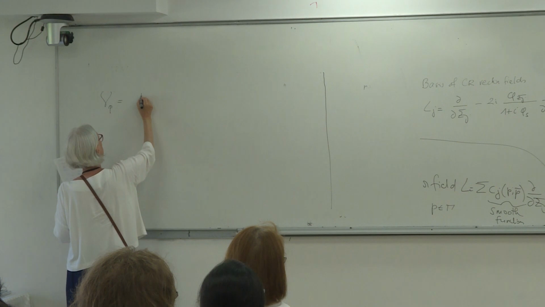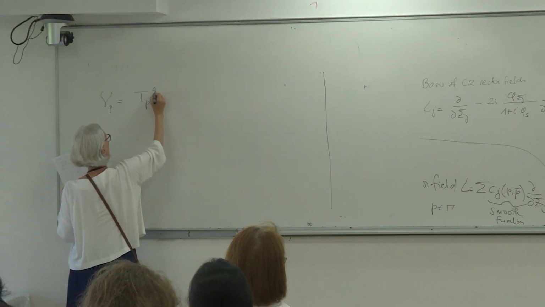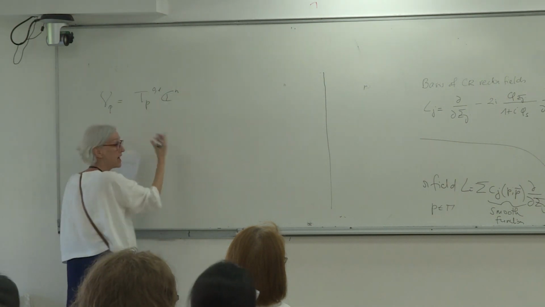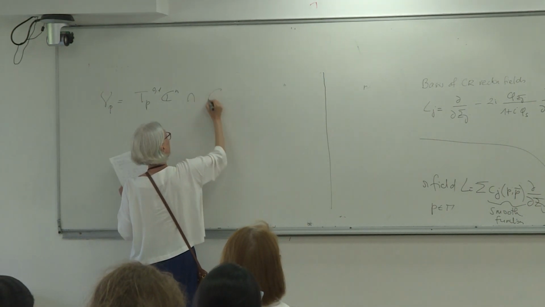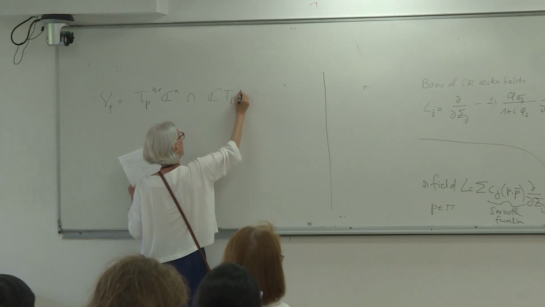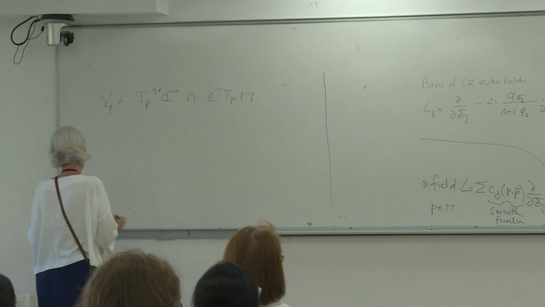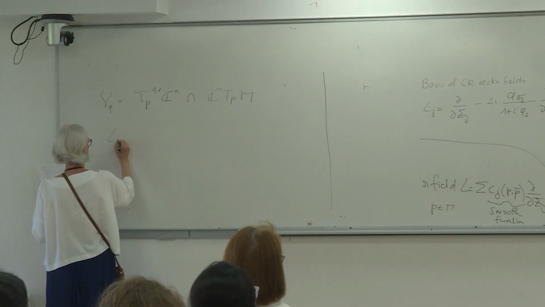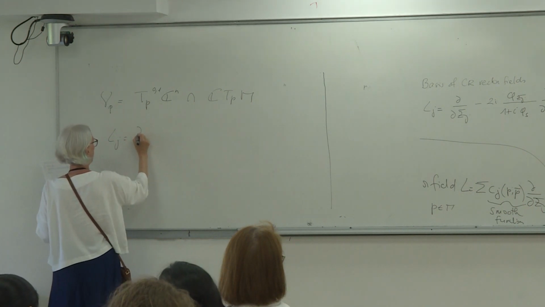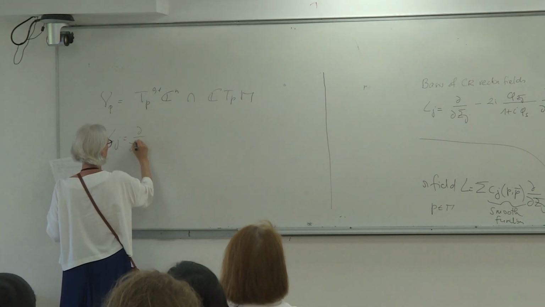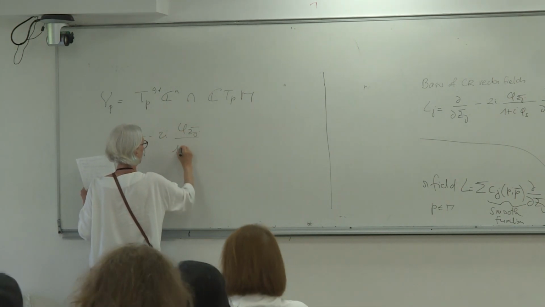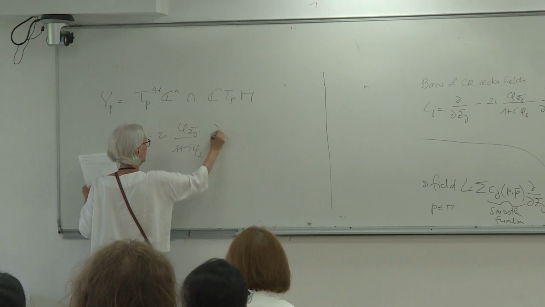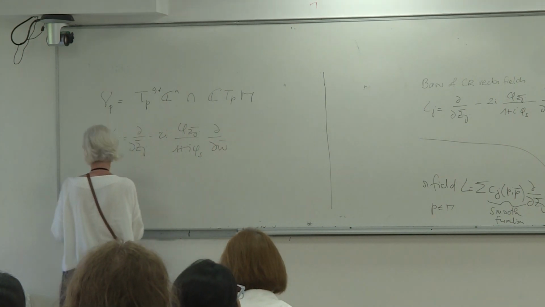This is then T_p^{0,1} C^n, which is the anti-holomorphic vector fields in C^n, intersected with CT_p M. You can look at that like that. So L_j, I still write it, is d/dz_j bar minus 2i phi_{z_j bar} over 1 plus i phi_s d/dw bar.